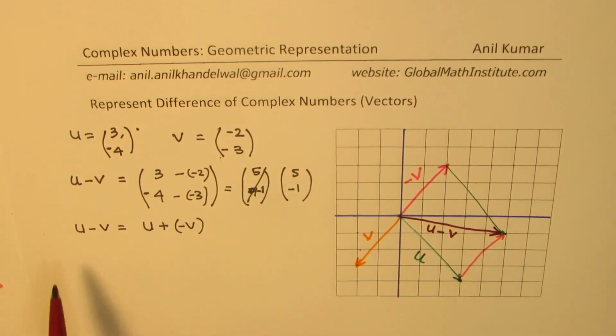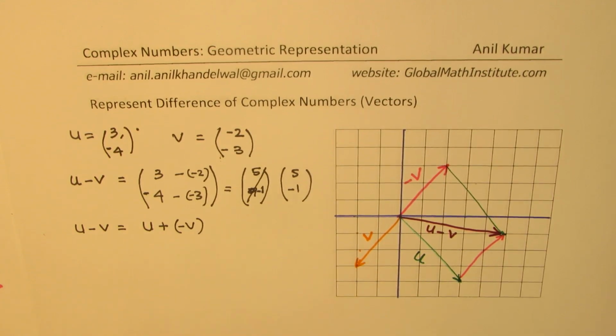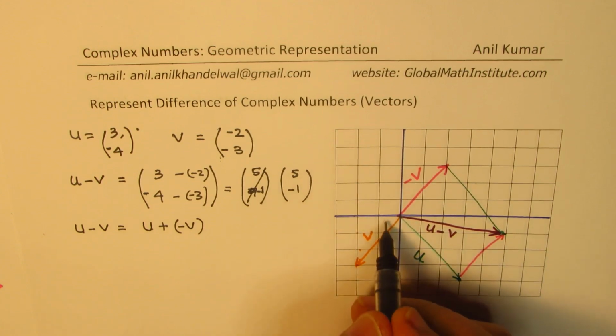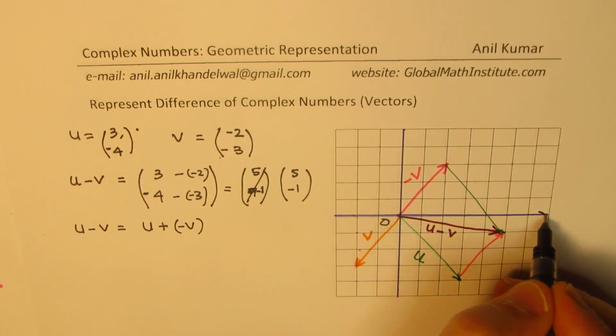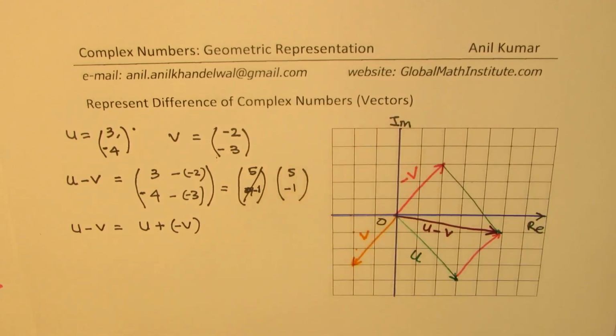Is that clear to you? Correct? So treat minus as addition of the negative vector. So that way you could use what you learned earlier, how to add vectors, even to subtract vectors. So I hope that makes sense, right? So this is the origin, that is your real axis, and that's the imaginary axis. Perfect.